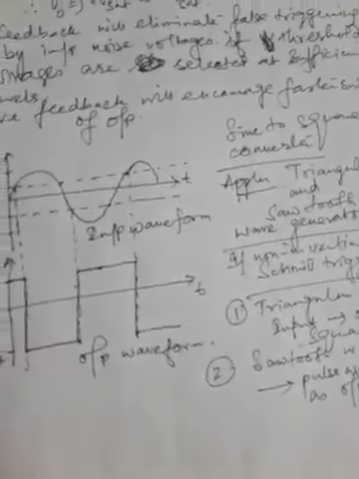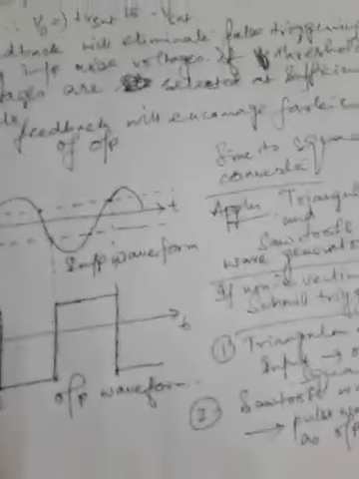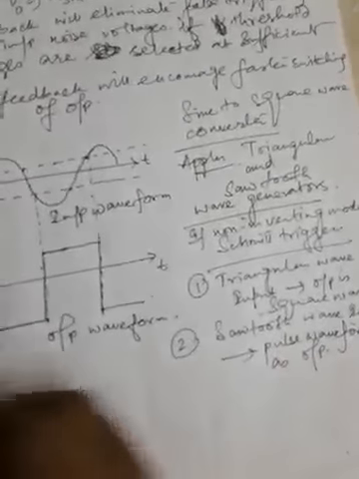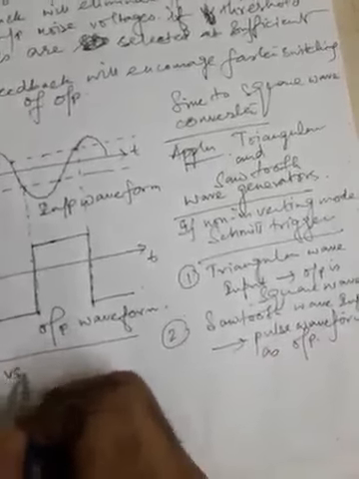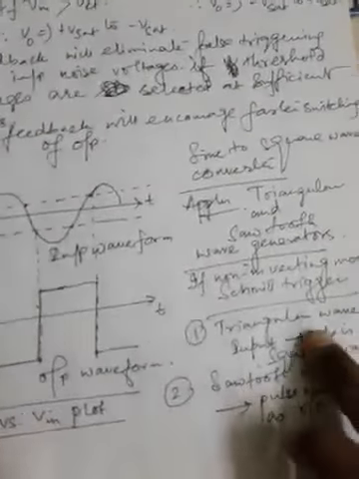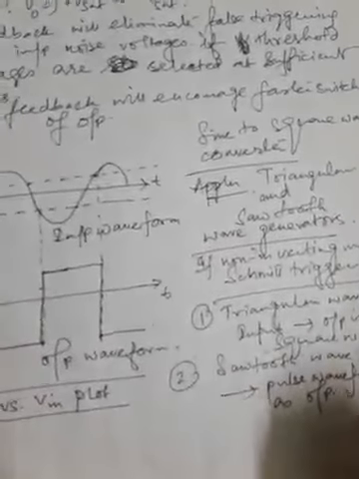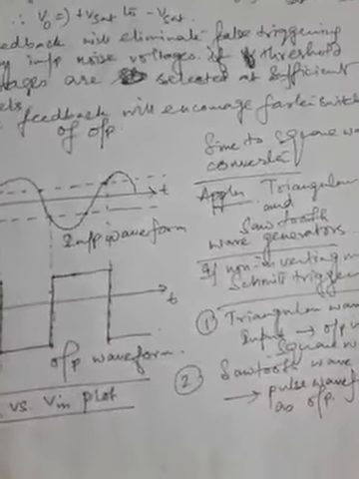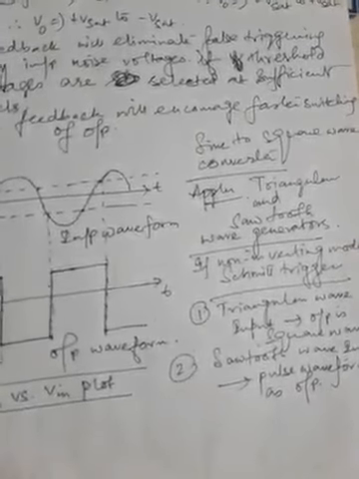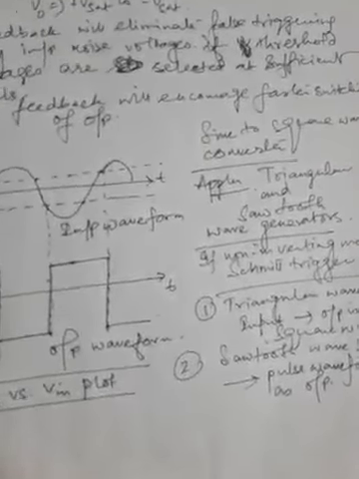Now let us see one more thing, the output versus input plot. So the VO versus VIN plot can be seen in the case of a comparator with positive feedback, which is used over here to exhibit a particular phenomenon called hysteresis.